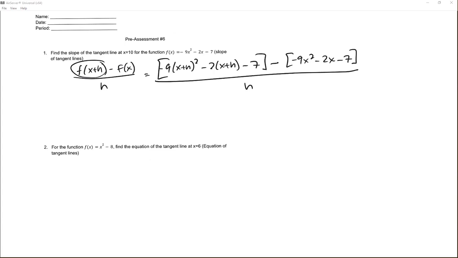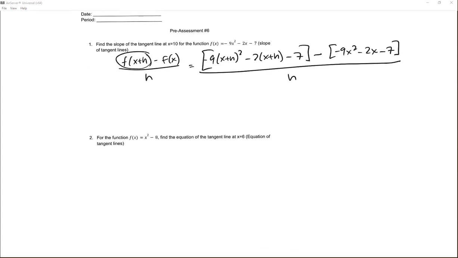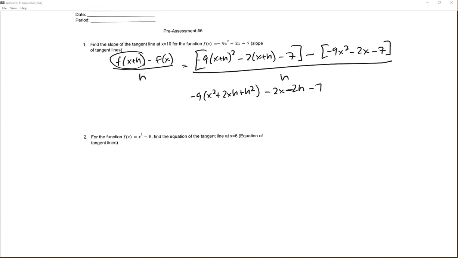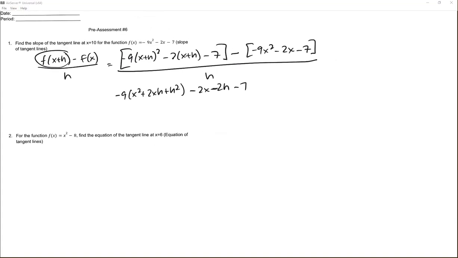So then -9 times x squared plus 2xh plus h squared, minus 2x minus 2h, oh sorry, minus 2x plus 2h... minus h, minus 2h, minus 7. Is that right? Plus 9x squared plus 2x plus 7, all over h.